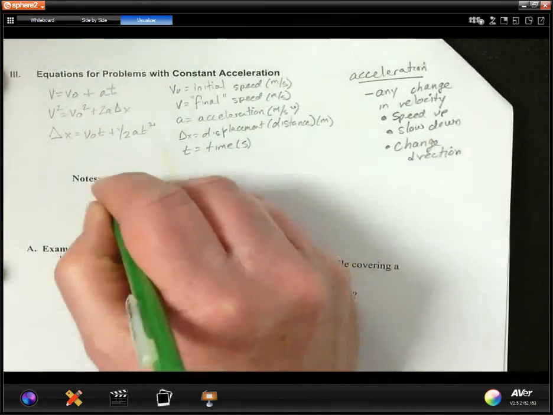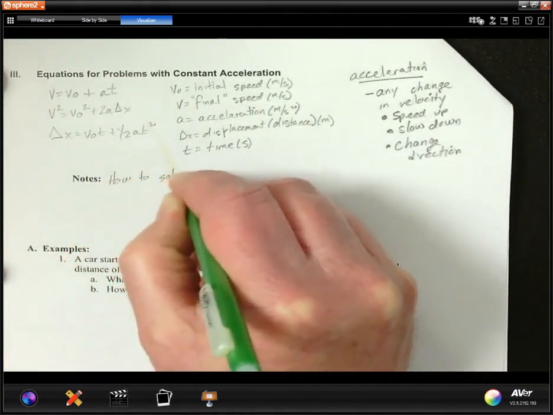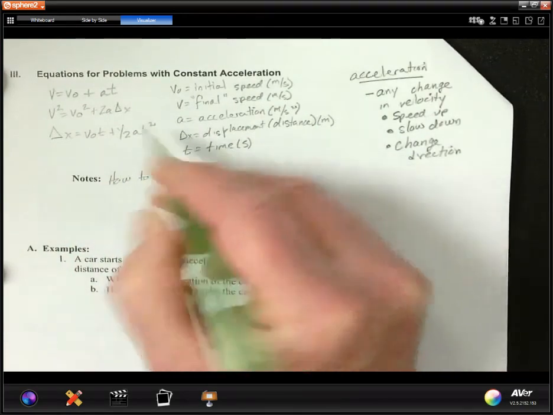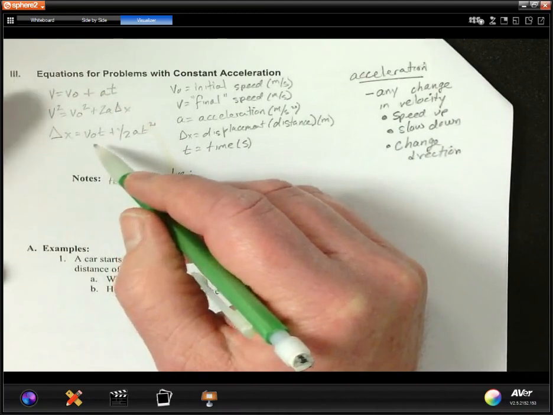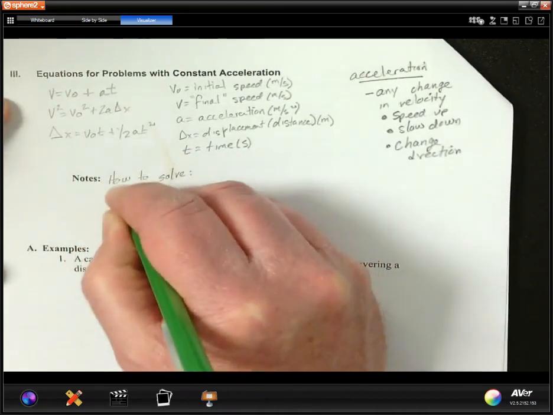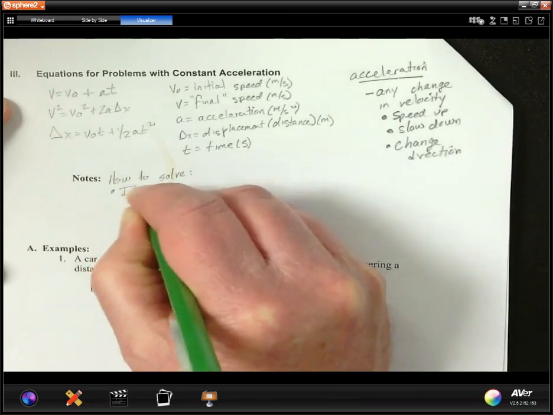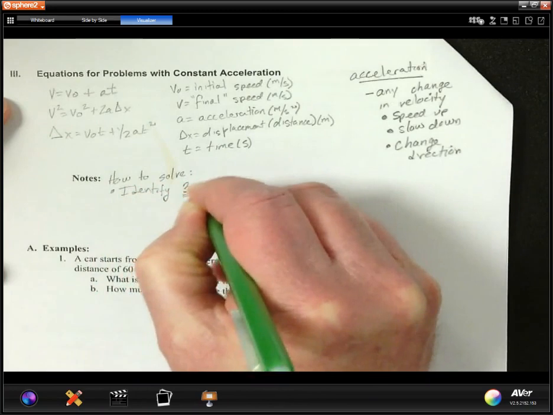So how to solve these problems? Okay, because where people go wrong is they pick an equation and try to stuff the information into them. Before you do that, what you should do is identify three givens.